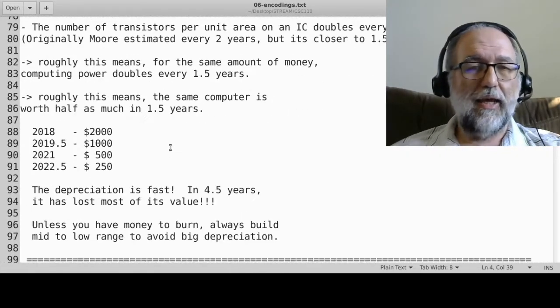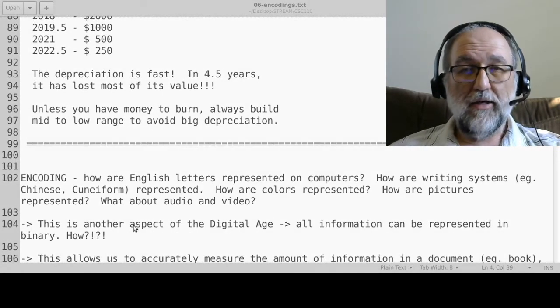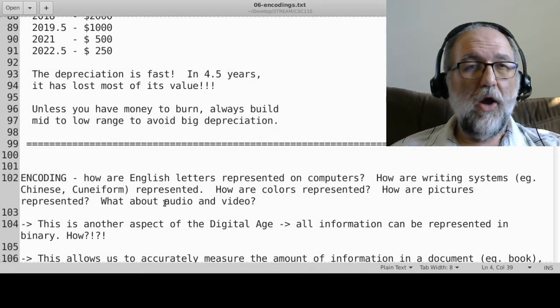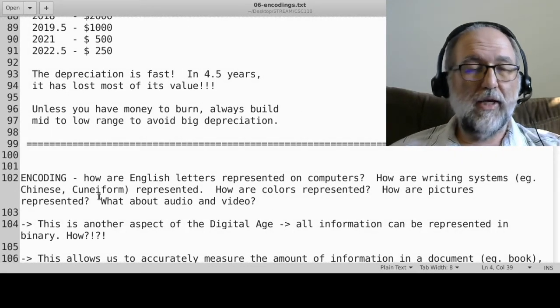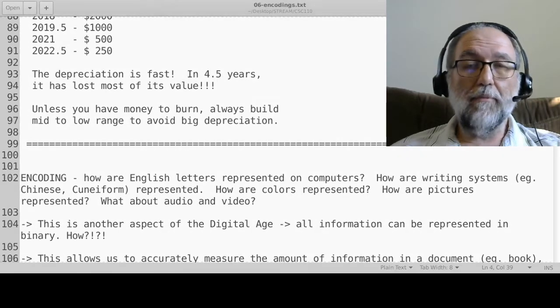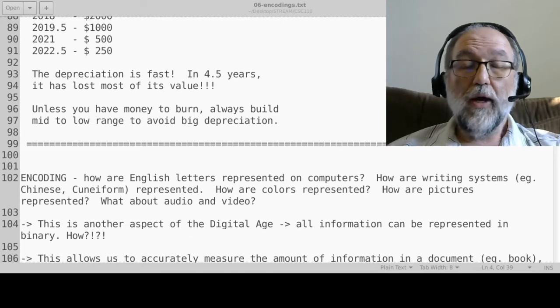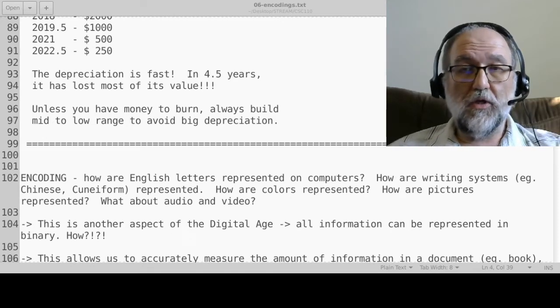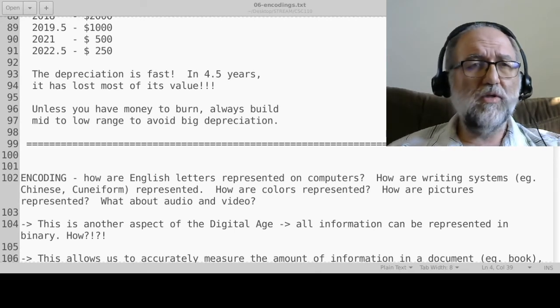I'm saying that any information, things like the letter A, the English letter A, or actually this entire page, is encoded as a sequence of ones and zeros. The voice that you're hearing that's coming through YouTube, that was encoded as a sequence of ones and zeros. The picture you're seeing, the video you're seeing, that's encoded as a sequence of ones and zeros.